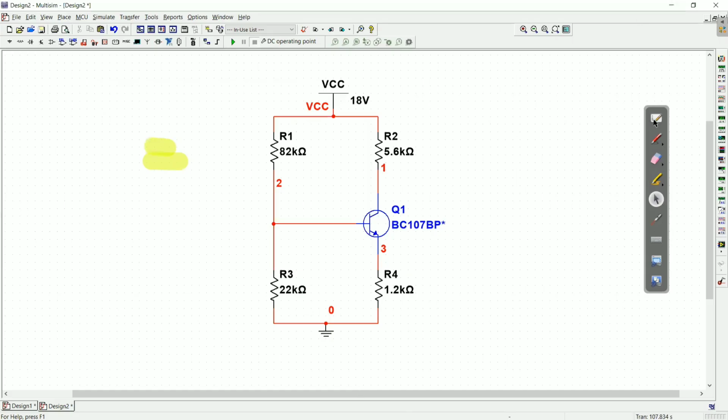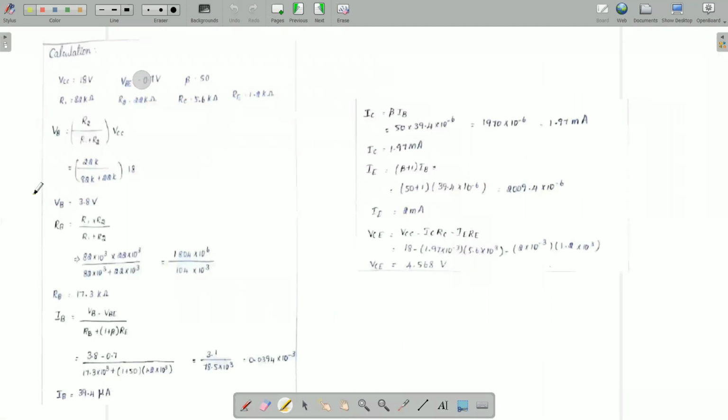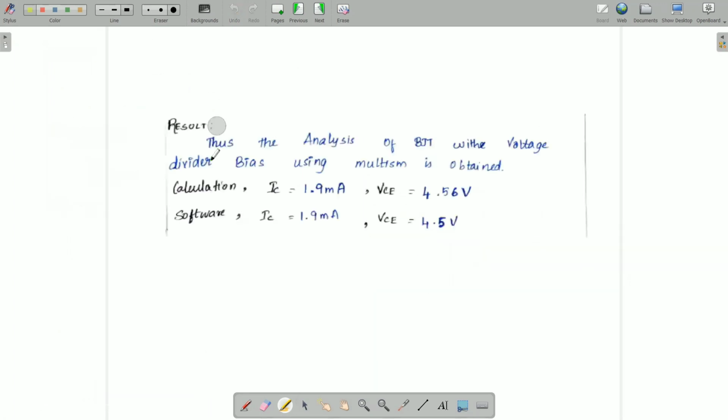Now let's see the calculation. Here we get IB equal to 39.4 microampere, IC equal to 1.9 milliampere and VCE equal to 4.56 volts. Comparing, in Multisim we get IC equal to 1.9 milliampere and in calculation IC equal to 1.9 milliampere, as well VCE equal to 4.5 volts in both.